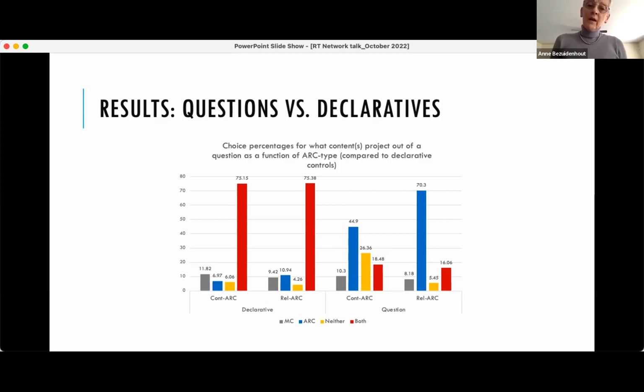And actually, disappointingly, maybe continuative arcs also get some boost over here, but look also at the neither option. That goes up considerably, and compared to the relevance condition, it's significantly greater. So this does seem to show that people did make the judgment that when under the scope of the question, the continuative arc does not project.